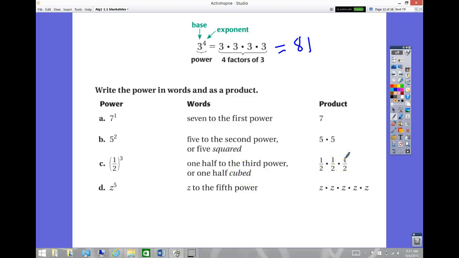And z to the 5th: when you get above cubed, we just say 4th power, 5th power, 6th power. We don't have a shorthand way of saying that. So z to the 5th power is z multiplied times itself 5 times.